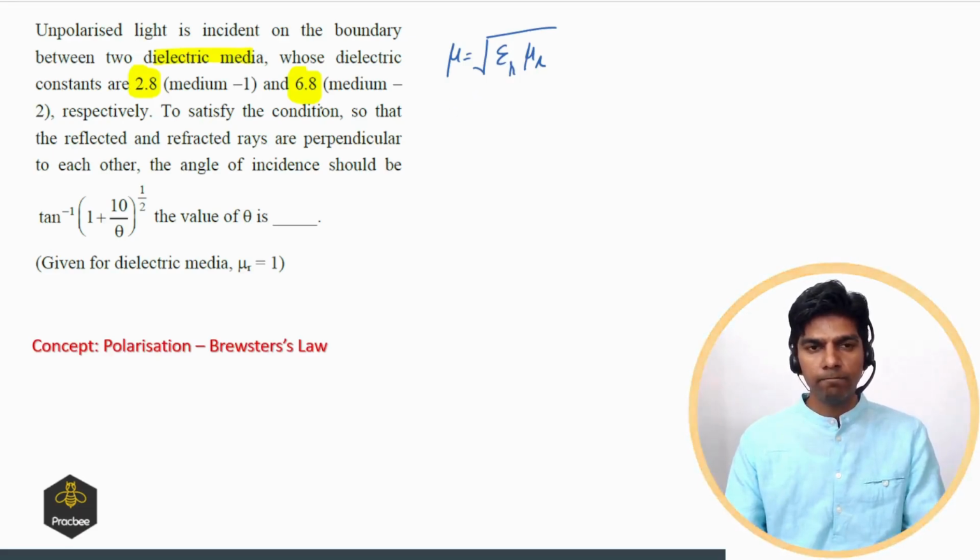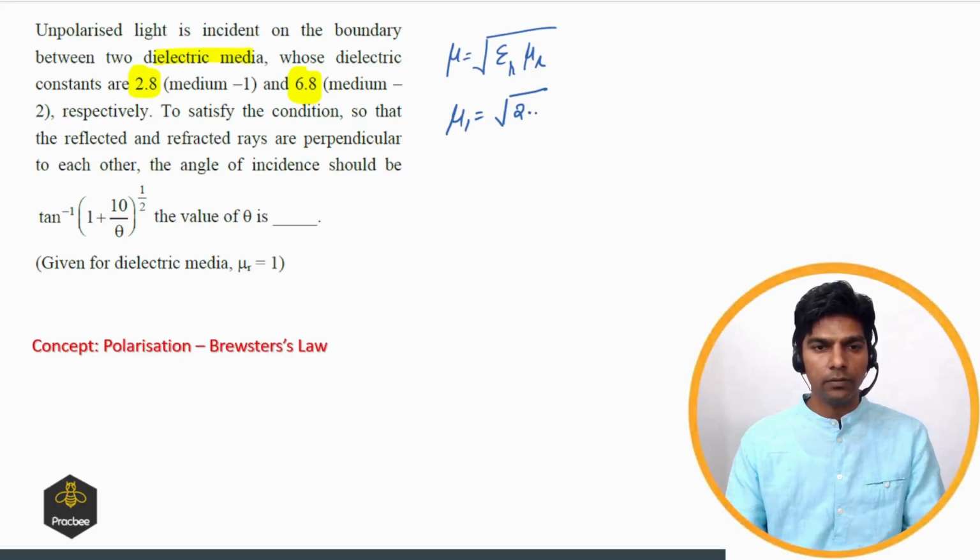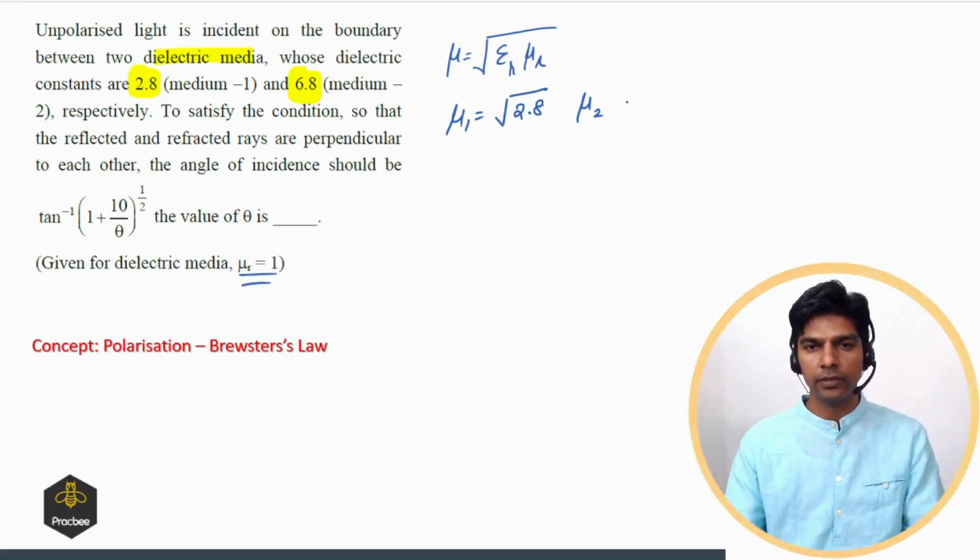So we can say for the first medium, refractive index will be root of 2.8, and the refractive index for the second medium, because mu r is given as 1 for both the dielectric media, mu 2 will be root of 6.8, and we have to find the angle of incidence.